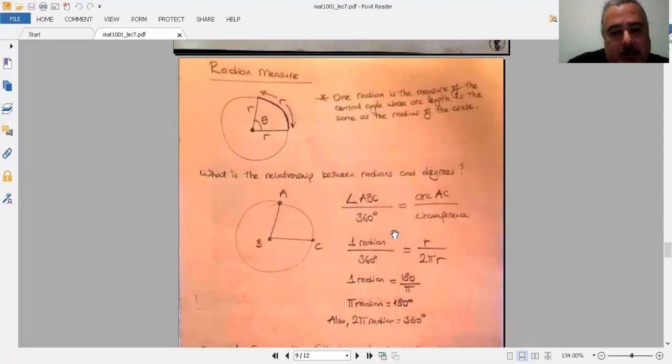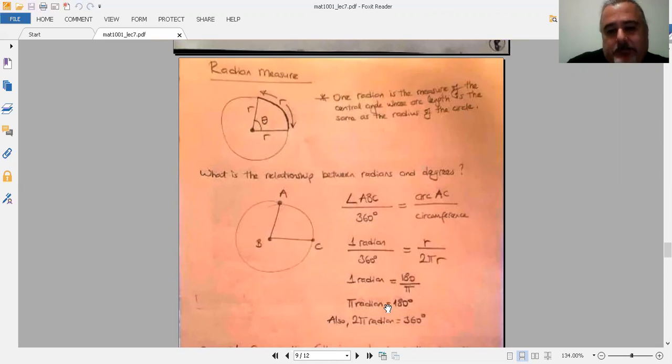So in 1 radian, this angle is 1 radian over 360, and if this is r, then for 1 radian the arc should be r, like this. The circumference formula is 2 multiplied by pi multiplied by r.